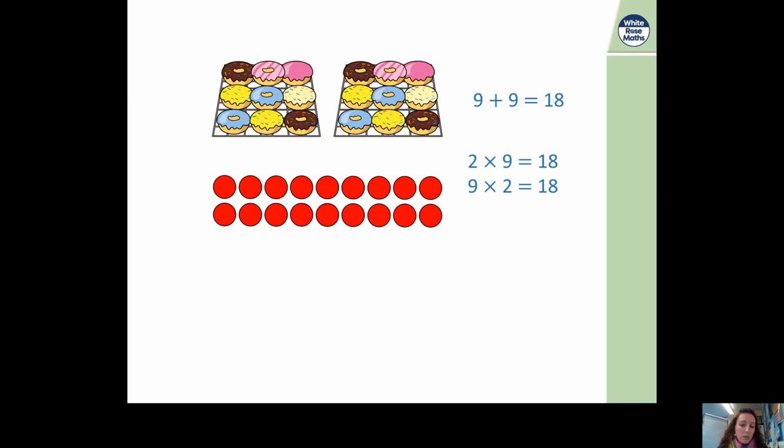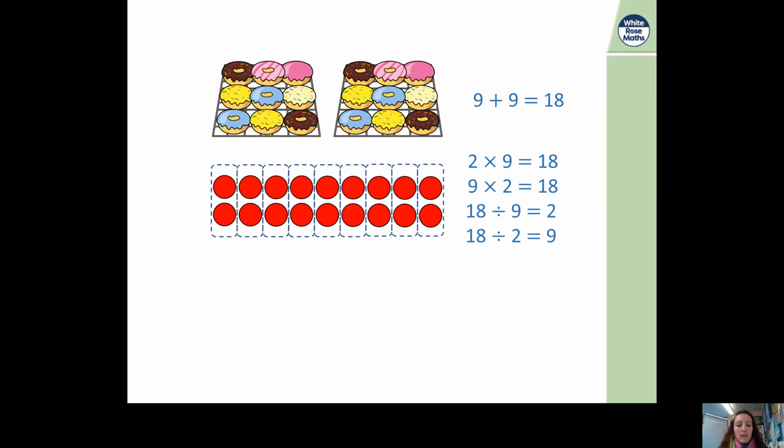They both equal 18. We could also write the division: 18 divided into 9 groups means there are 2 in each group, or 18 divided into 2 groups means there are 9 in each group.